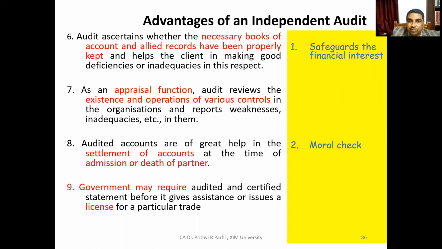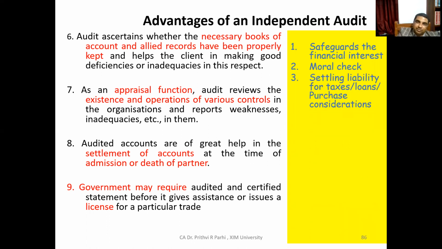Then it also acts as a moral check on the employees, and for settling tax liabilities, negotiating loans, and deciding purchase consideration, audited financial statements are helpful. For settling trade disputes, audited financial statements are also useful. For detection of wastage, auditing also helps in that regard.